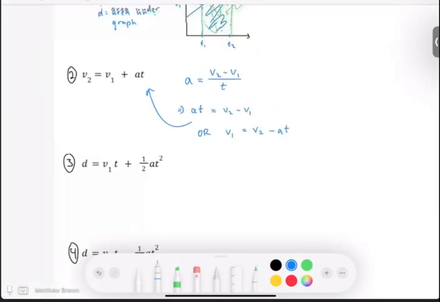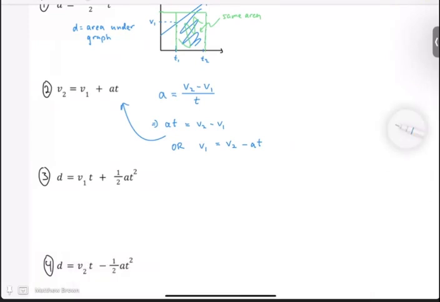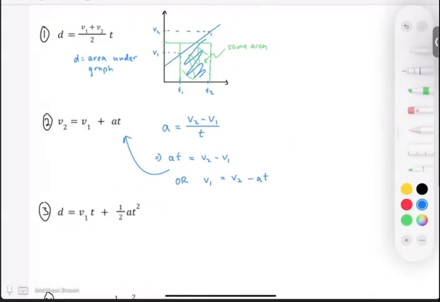The third one, if memory serves, just take equation 2 and sub it into 1.